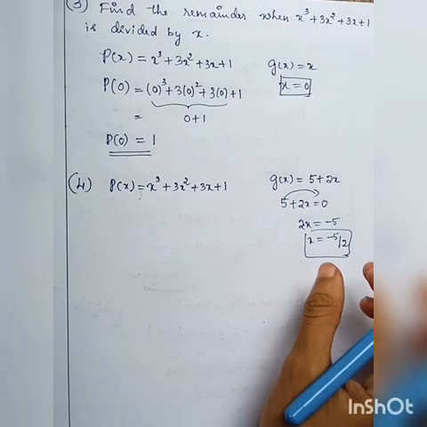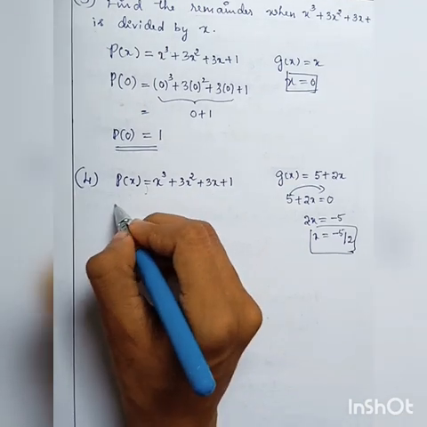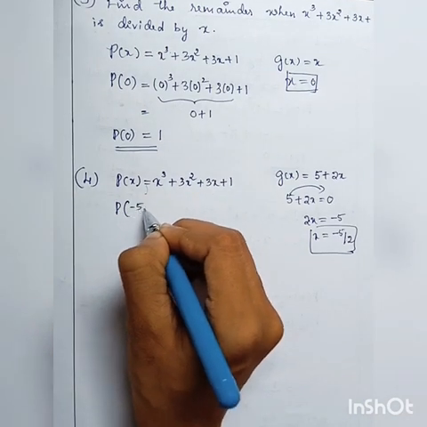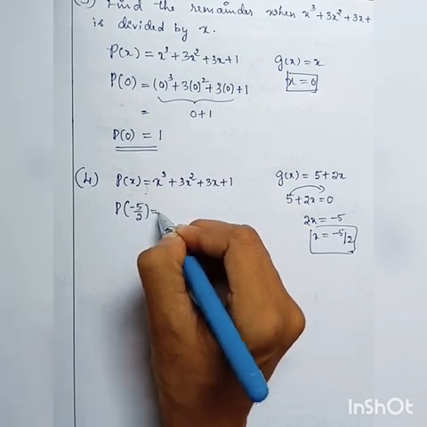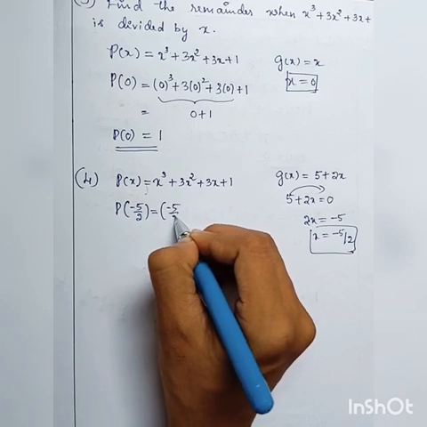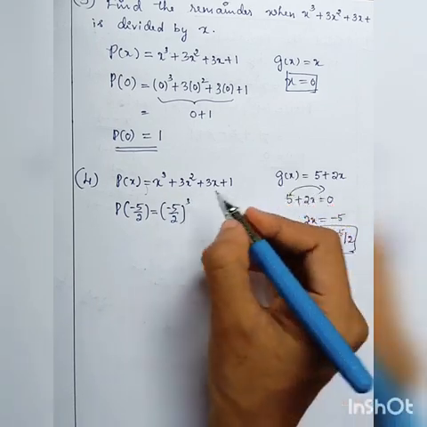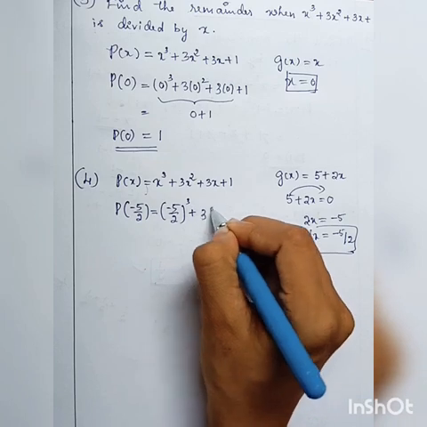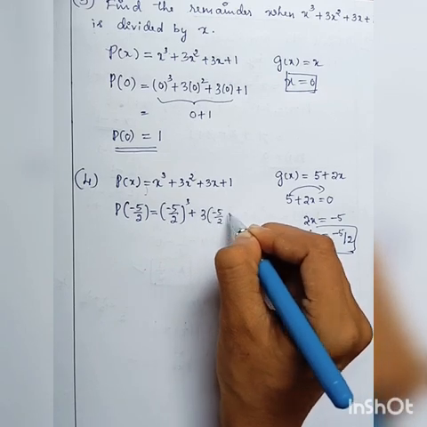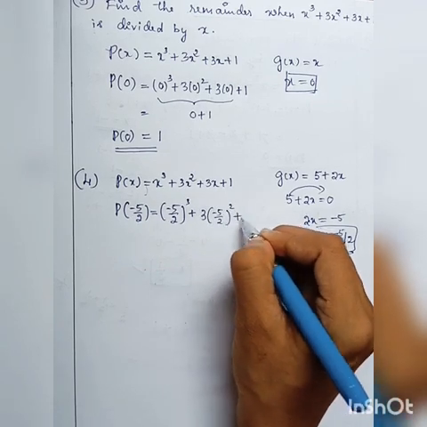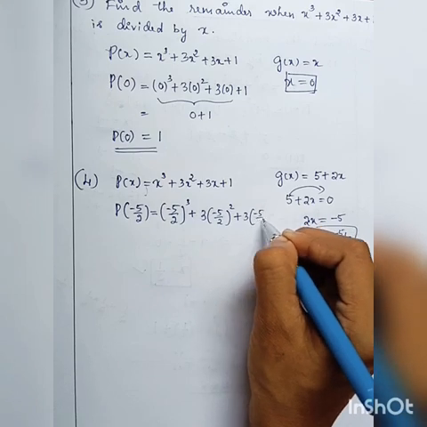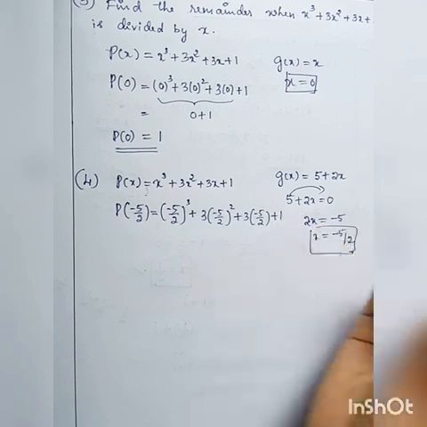So now x value is minus 5 by 2. Substitute. P of minus 5 by 2 is equal to minus 5 by 2 the whole cube plus 3 into minus 5 by 2 the whole square plus 3 into minus 5 by 2 plus 1.